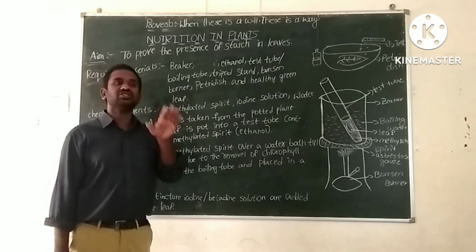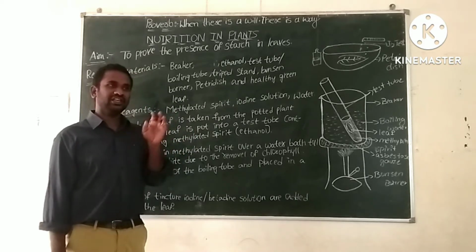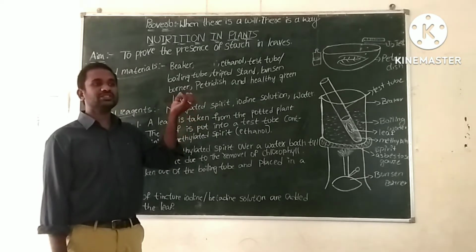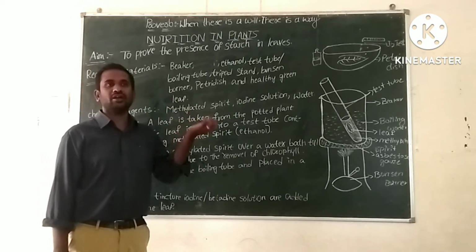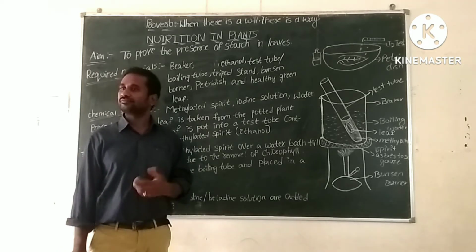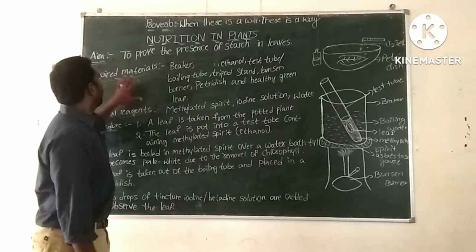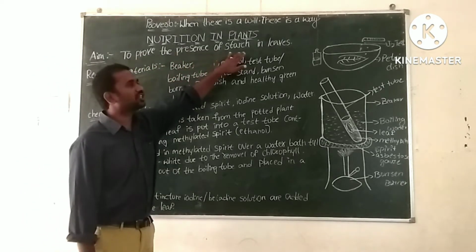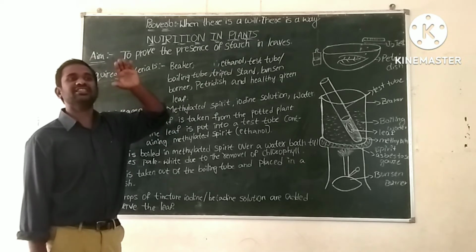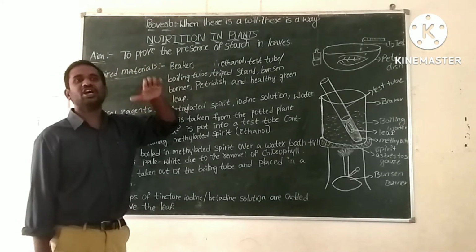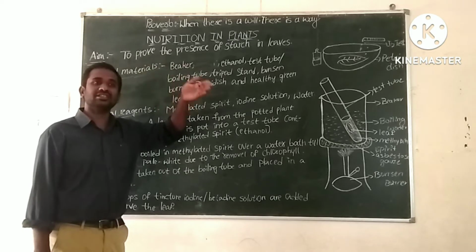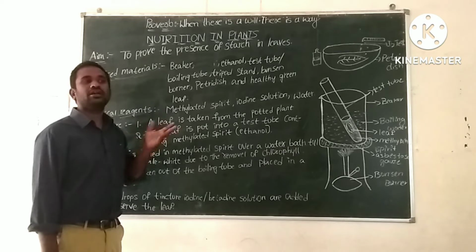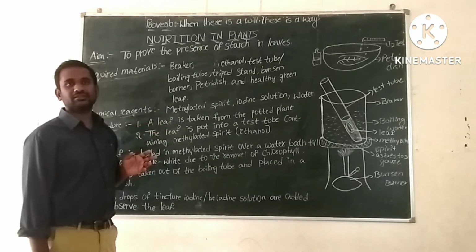Starch is present in the leaf. So the green leaf is the part which is producing food material, or starch, or carbohydrates. Is it right or wrong? Yes. So, the aim is to prove the presence of starch in leaves. It means if there is starch, the starch was prepared in the process of photosynthesis. You can easily say it, right?